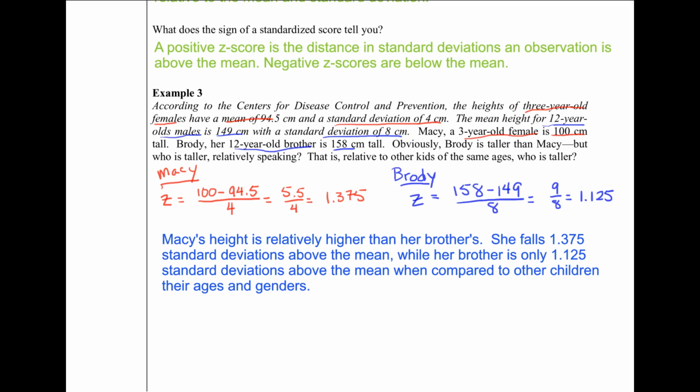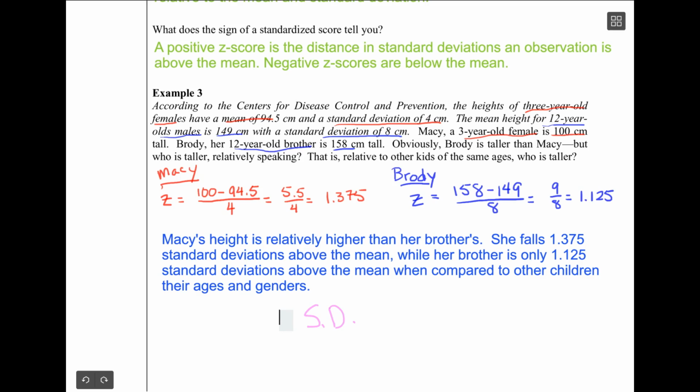All right, so let's talk about speed and the AP exam. It is okay to abbreviate standard deviation with an SD. So that is fine. The readers do realize that you mean standard deviation if you use an SD.